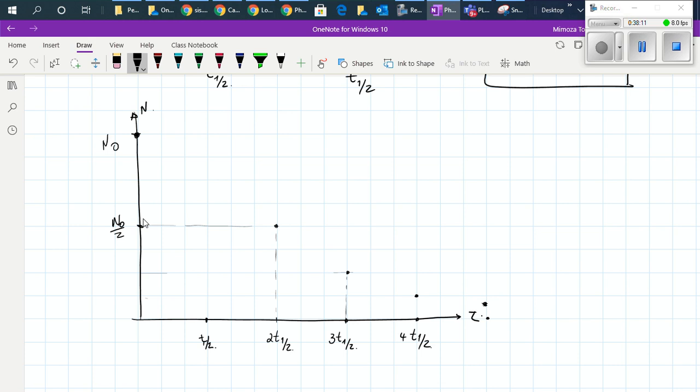This point here, 5, 6, and so on. So the graph will look something like this.